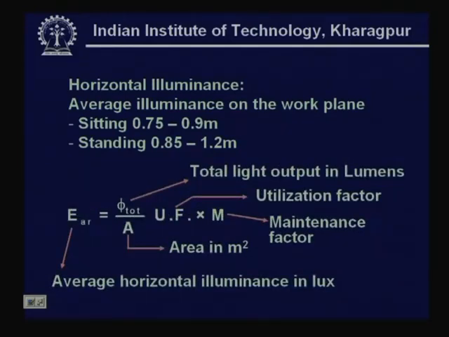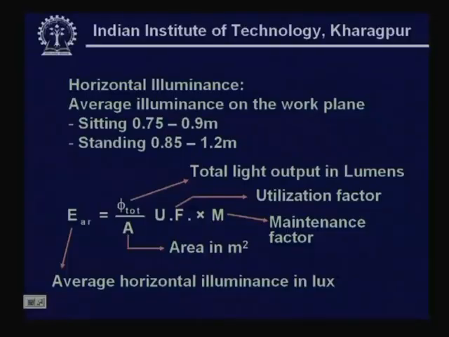We have a defined average horizontal illuminance. The relationship that's given is based on the total light output in lumens that is available to the total area in meter square. We find that there are two factors. Remember, all the light output that is radiated is not available on the work plane.